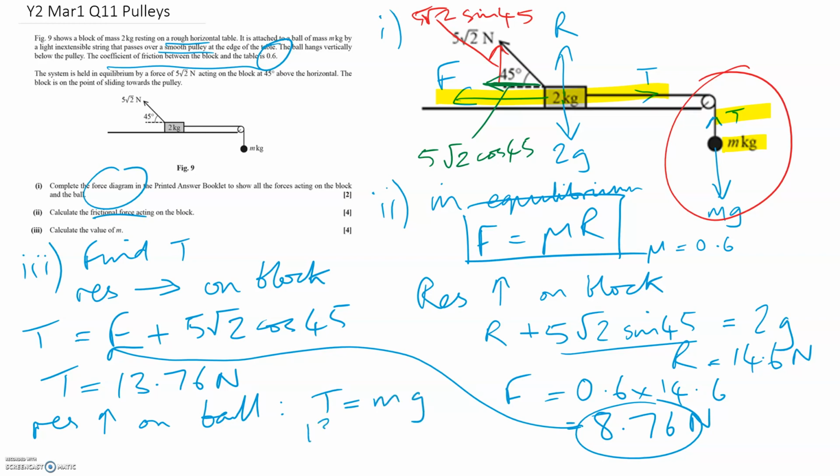We know what T is, 13.76. We don't know m, but we do know g. So m will be 13.76 divided by 9.8. So m will be 1.40 kilograms to 3 significant figures.